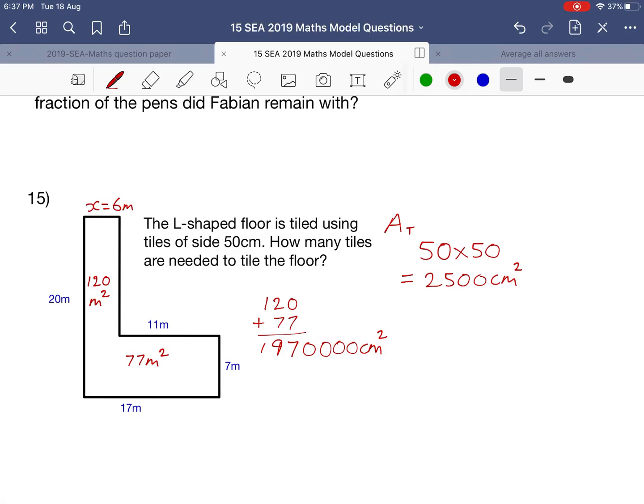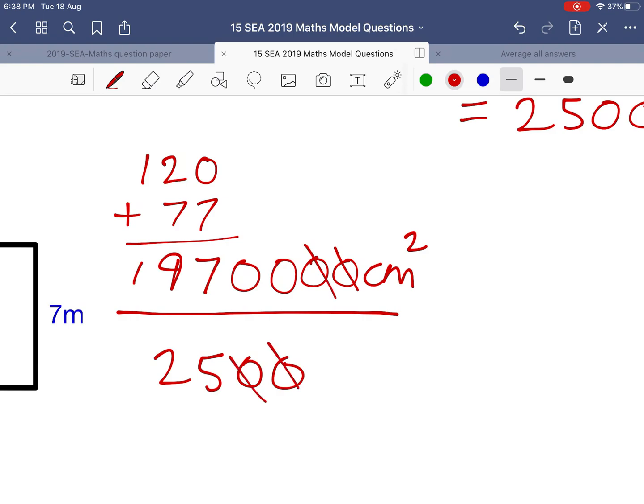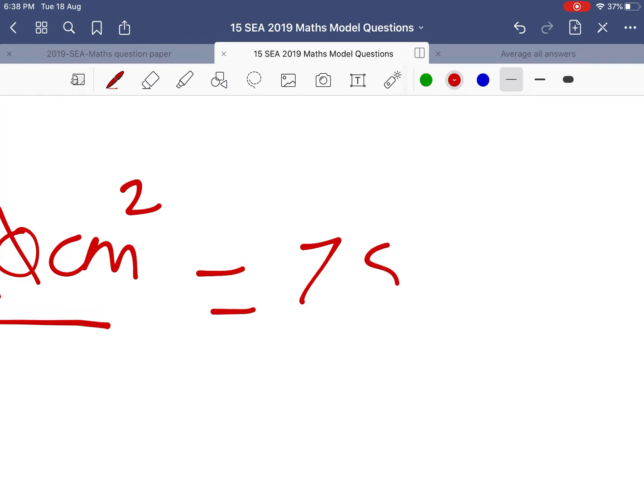So to determine how many tiles we must use, we must divide the area of the floor by the area of the tile. When we work this out, we will get 788 tiles.